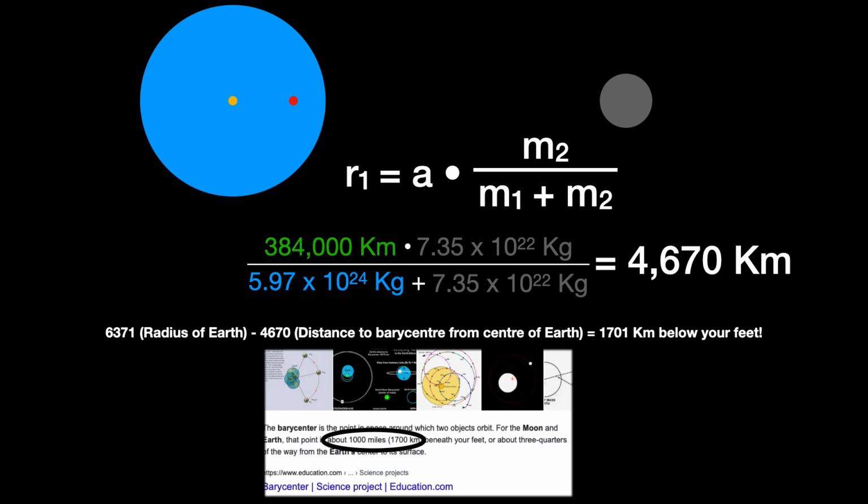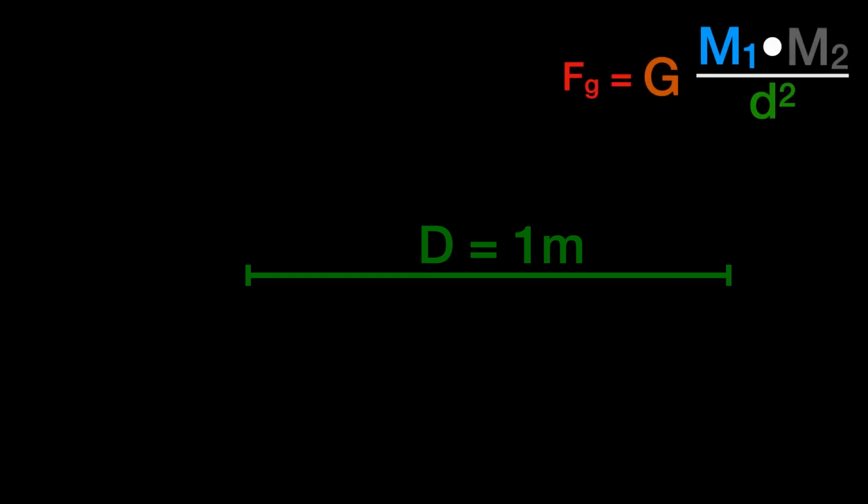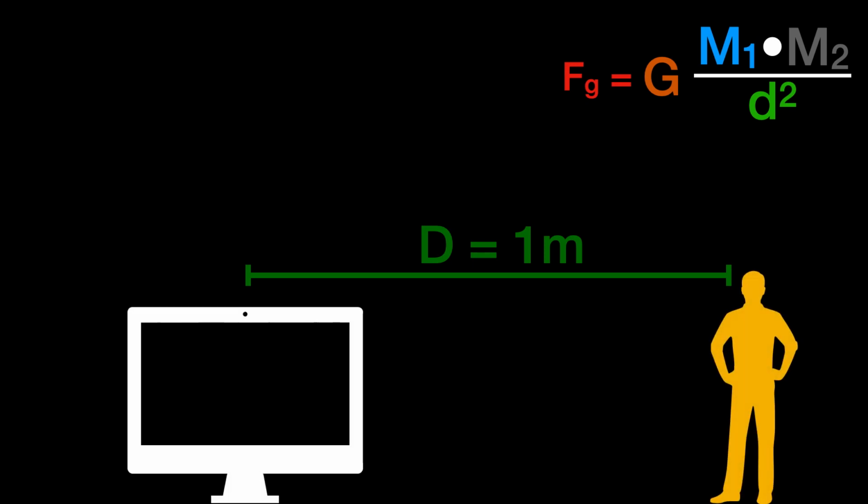Yeah. So let's not do any more unrelated stuff, and let's go back to examples. Here we're just using a distance of 1 meter. Here is our equation, and let's say one object is a person, and the other object is a computer. As you can see, they're 1 meter apart.